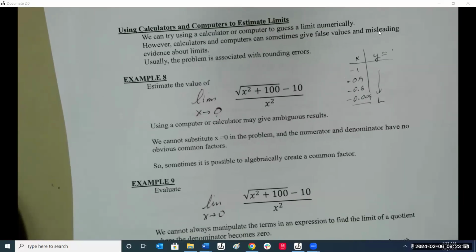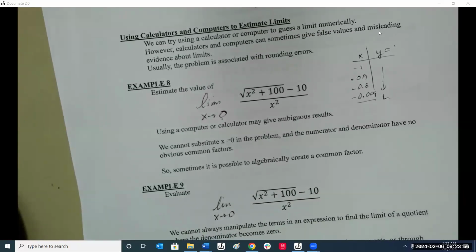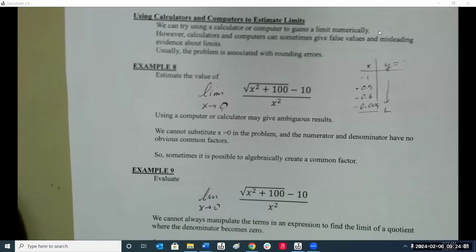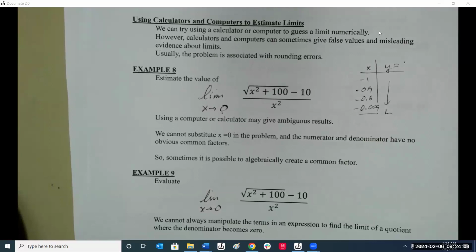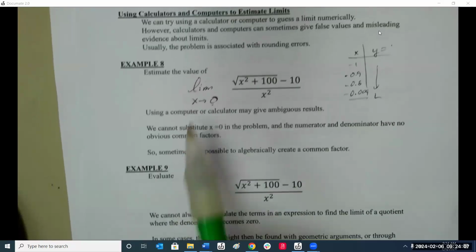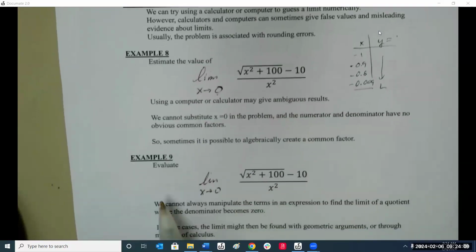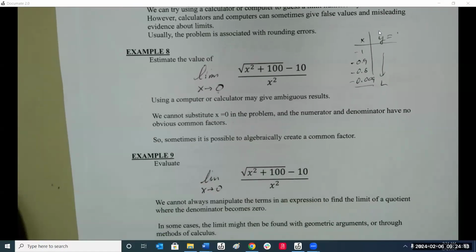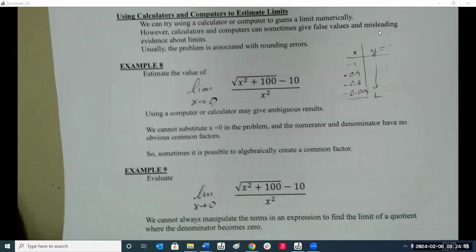I don't really use calculators, or I mean, I build and design computers, but I don't like using them to do work. So example 8 says use a calculator and computer and see how close we can get to zero. Example 9 says, let's do it algebraically. Let's see what we can do to it.